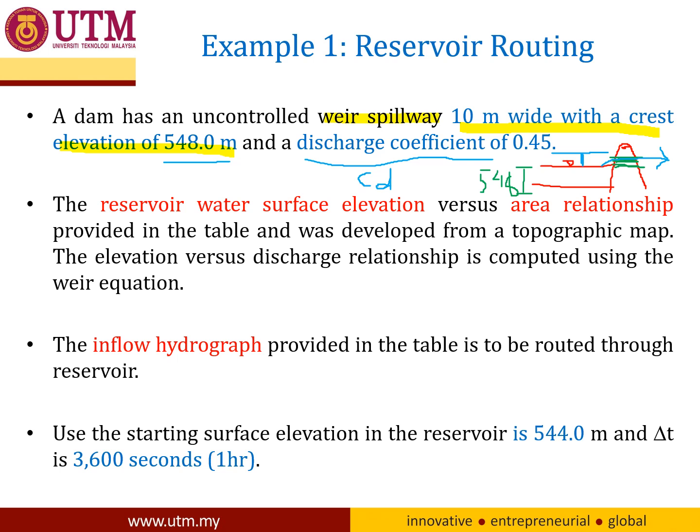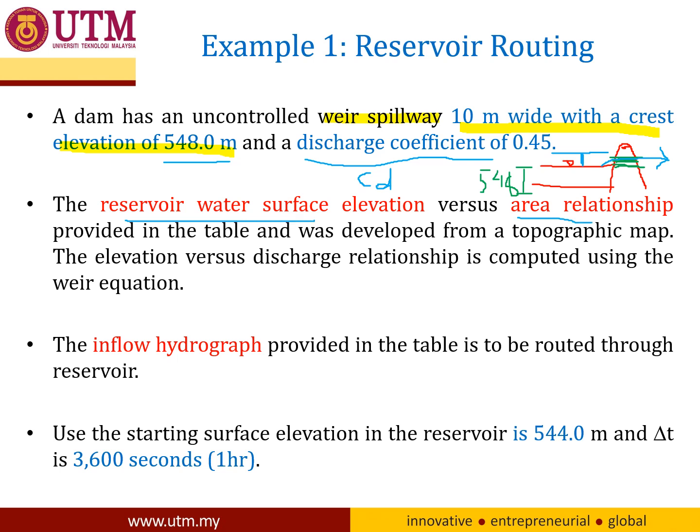Okay, and then the reservoir water surface elevation versus area relationship is provided. So they already provided step 1? Oh no, not yet. You need to estimate step 1 using this information: the reservoir water surface elevation versus area relationship.